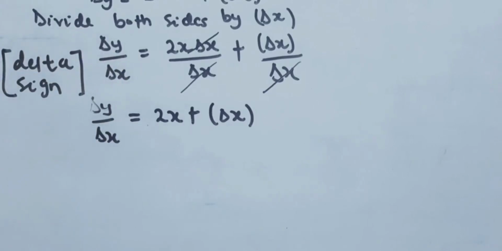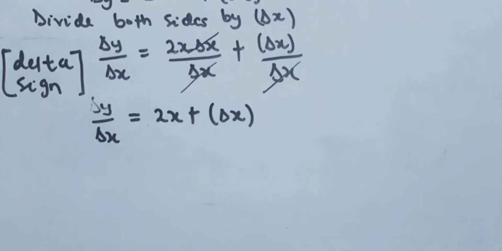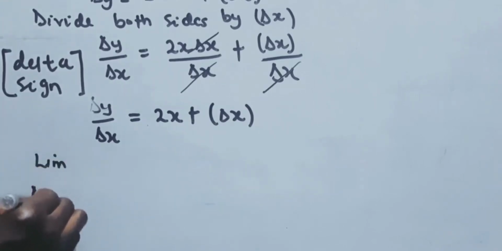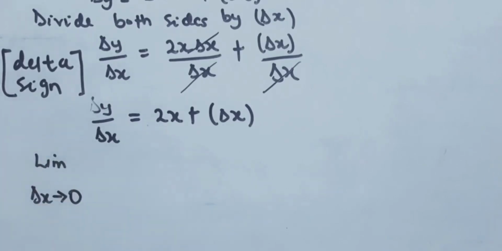Okay. So with that being said, at this junction, what we now need to do is take our limit as change in x tends to 0. Now that's something we dealt with in limits and continuity some minutes back.